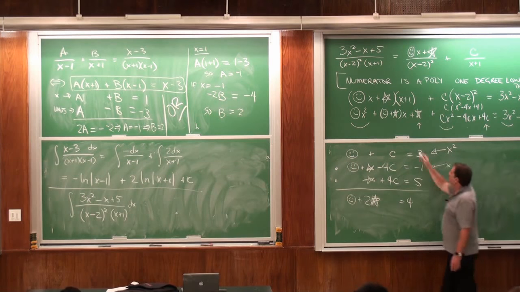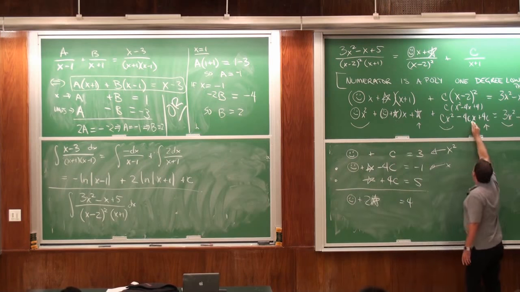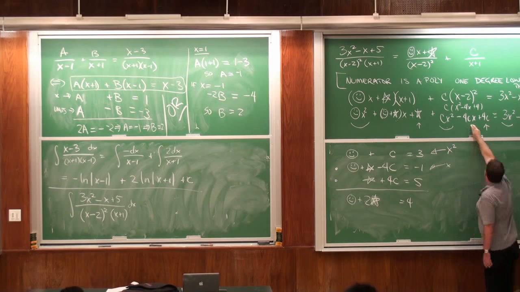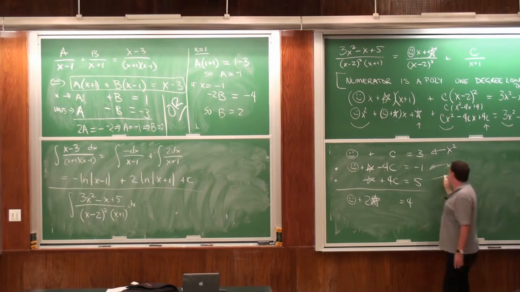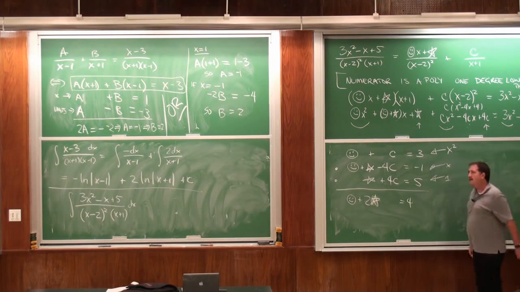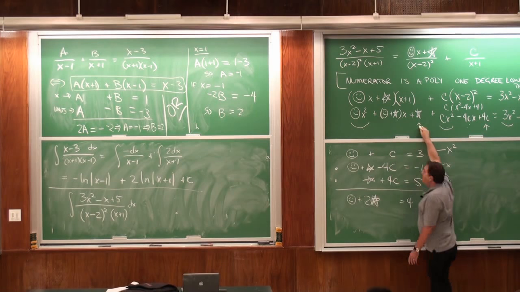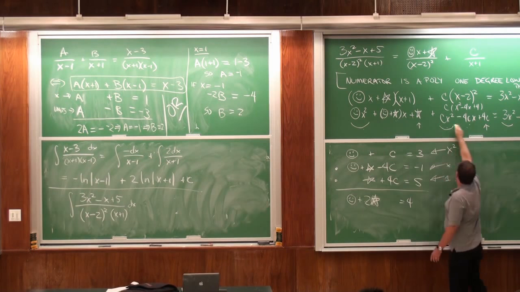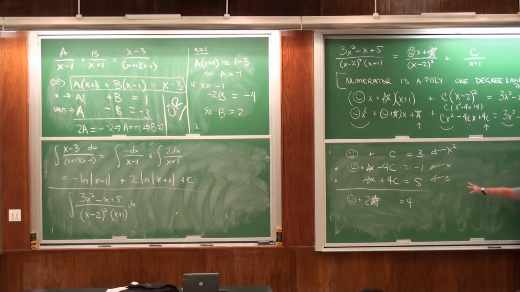In front of an x, I have a smiley added to a star, I have a minus 4c, and I have a minus 1. And this is what's in front of a 1. In front of a 1 here, I have a star and a 4c, and on this side, I have a 5. So that gives me my 3 equations.